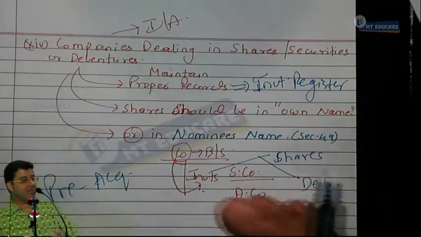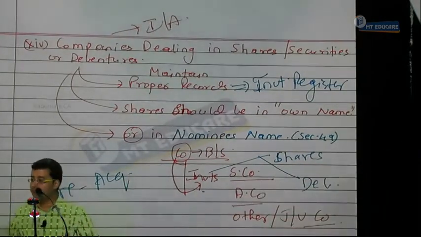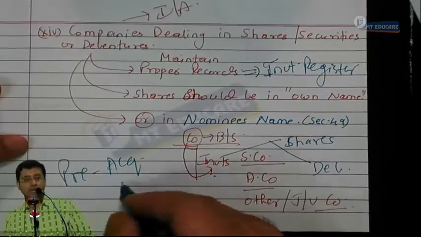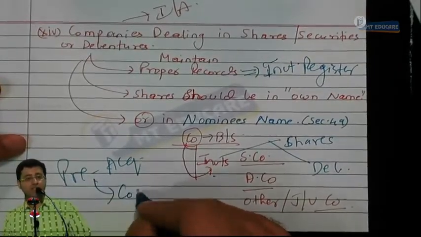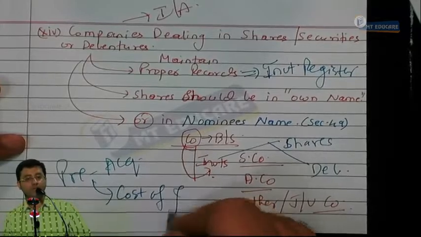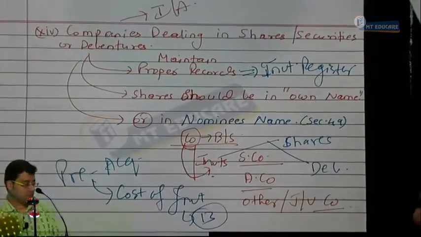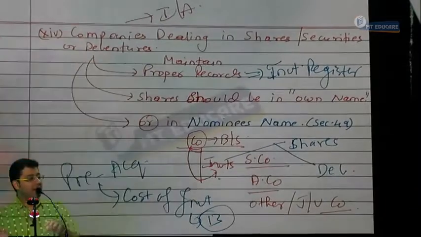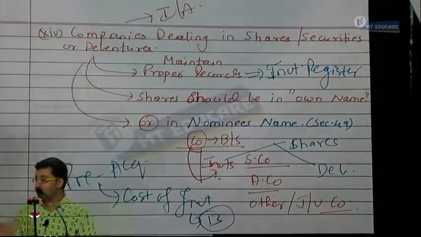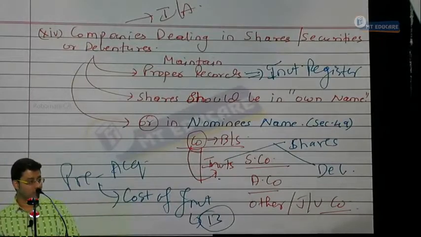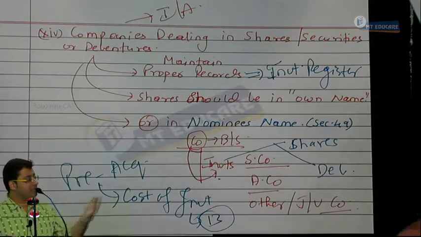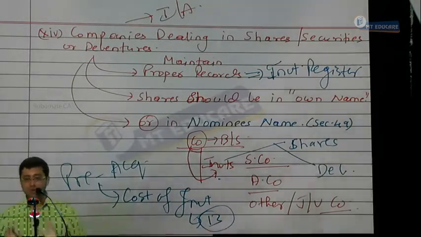You are receiving dividend for the period even before you are an investor. Generally, pre-acquisition dividend is reduced from the cost of investments. Which standard says that? So you have to see whether the entries have been passed for pre-acquisition dividends and post-acquisition dividends or not. Post-acquisition dividend will be credited to the profit and loss account.